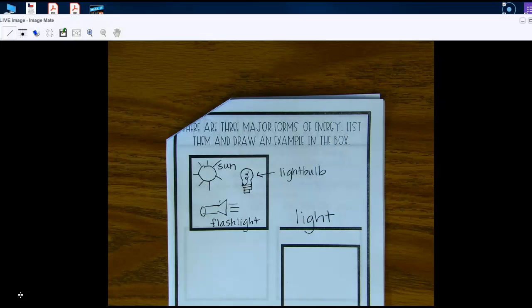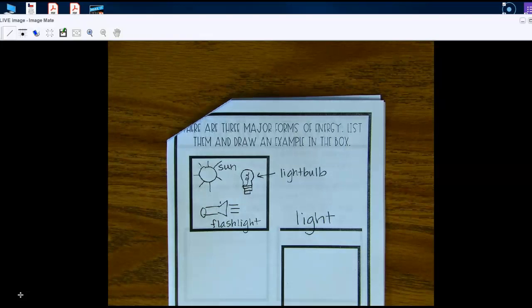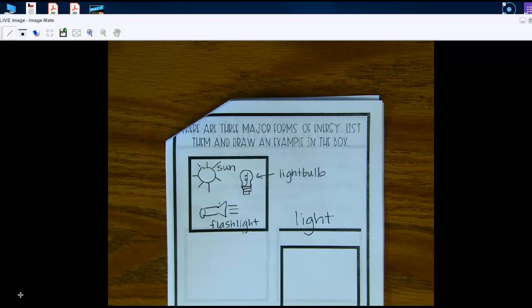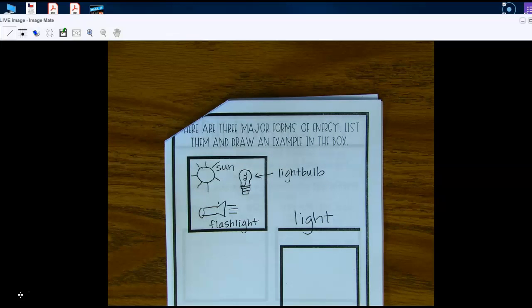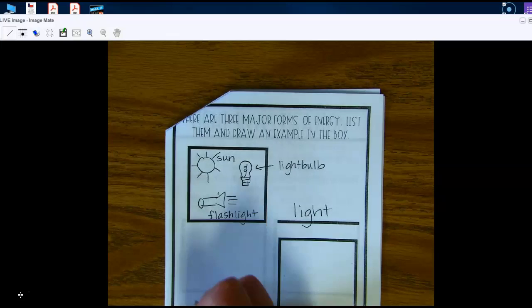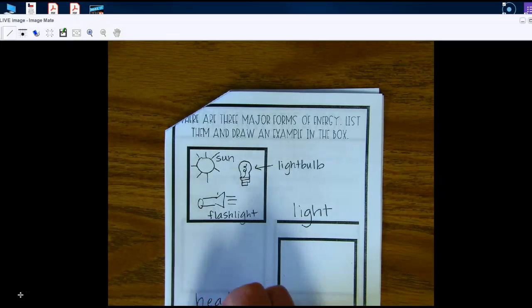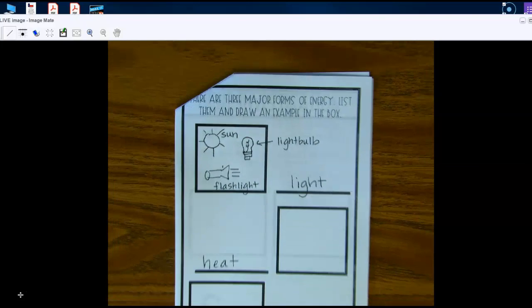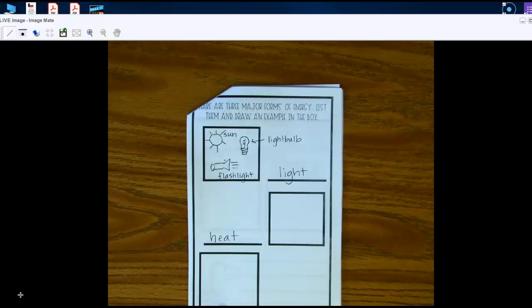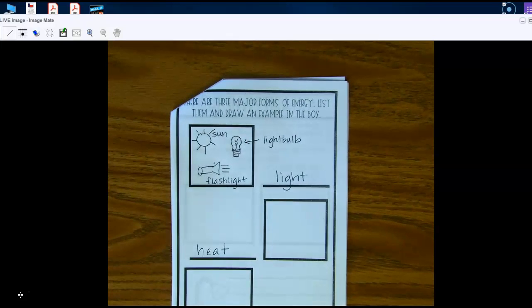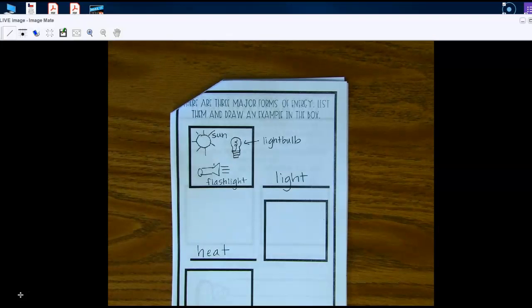Okay, the next one. What's the next energy we talked about? The one that you can feel. The one that you can feel, Xavier. Heat. Okay, heat. So what would be an example of heat?